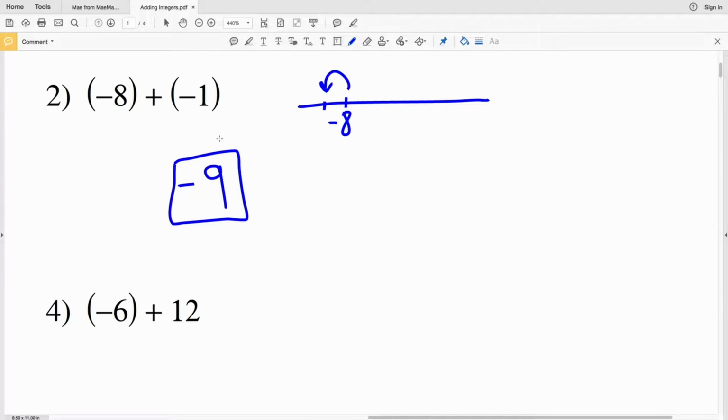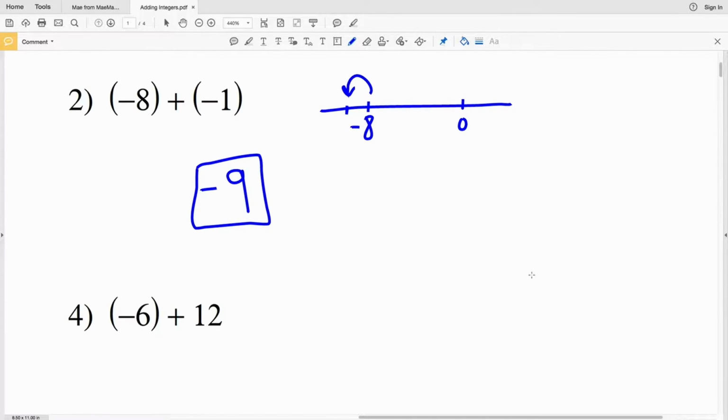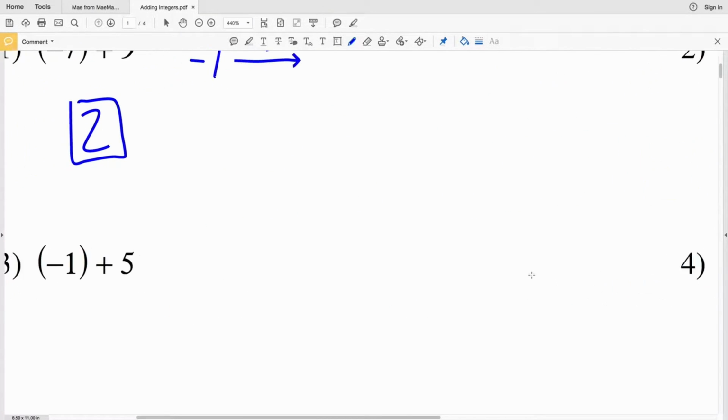So -8 plus -1 gives us -9. It's helpful for these problems, especially in the beginning, to use a number line until you get more familiar with the concept of adding negatives to negatives and negatives to positives.